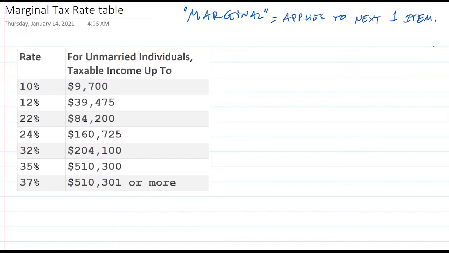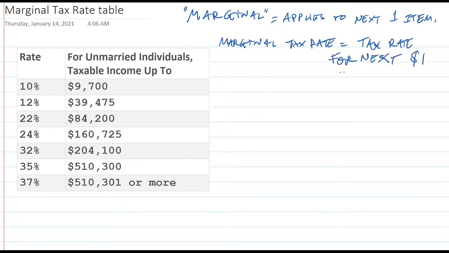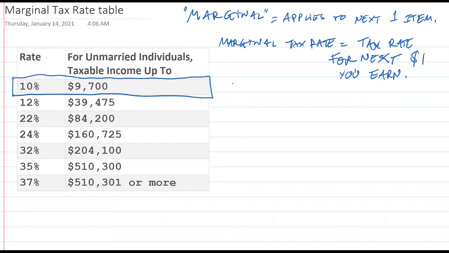So back here for marginal tax rate, that means we're looking at the tax for that extra $1 that you're making. So the marginal tax rate is the tax rate for the next dollar you earn. This bracket applies to taxable income, not your gross income.